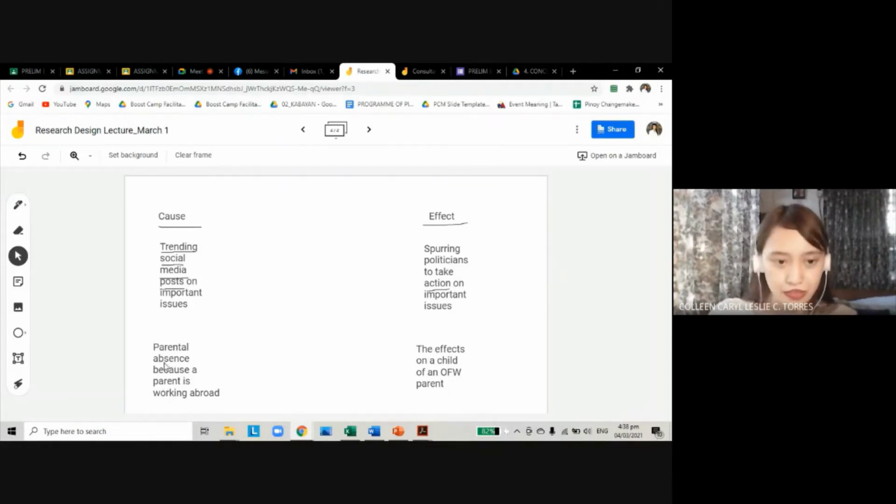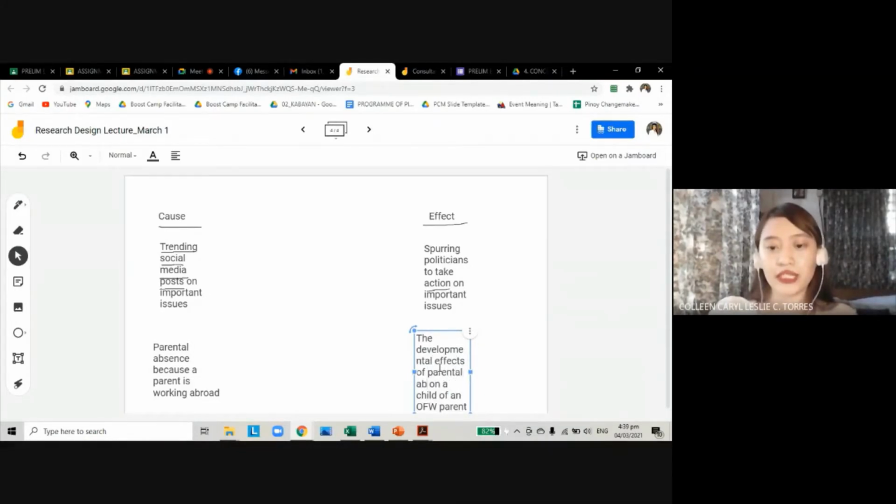Wait lang class ha. Yeah, I think this is right. Developmental effects. Specify the type of effects of parental absence. Developmental effects to a child's, the specific aspects of the child that you are trying to measure.